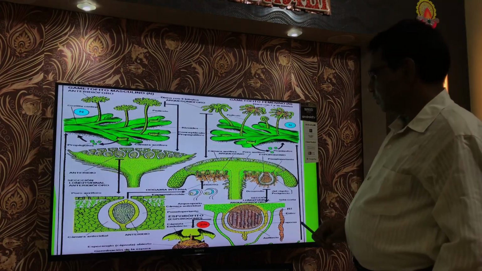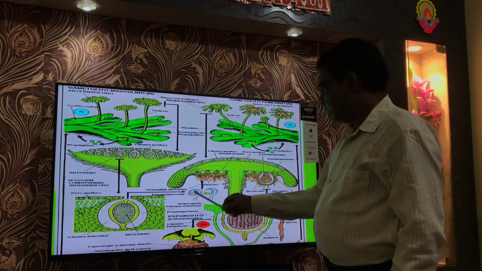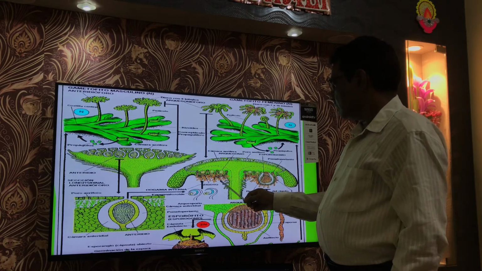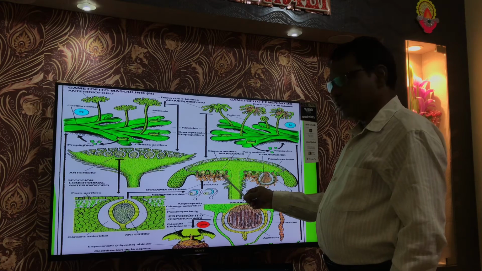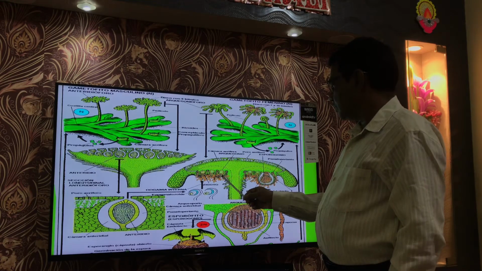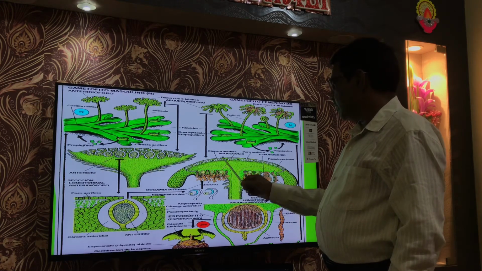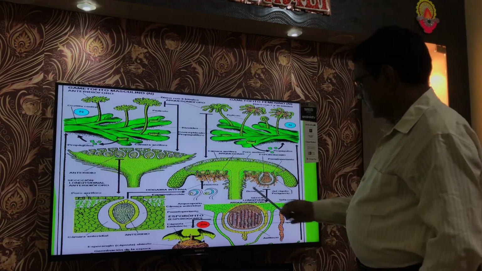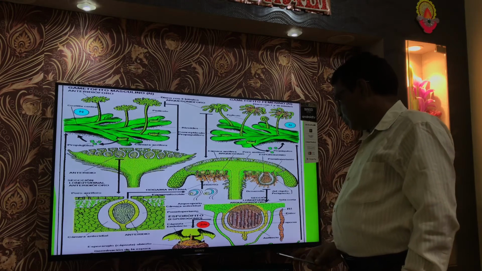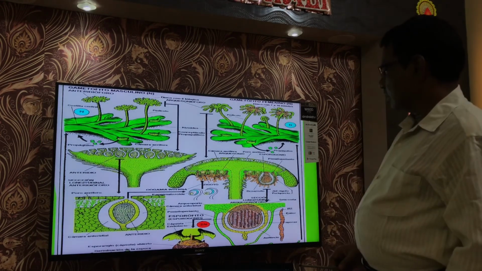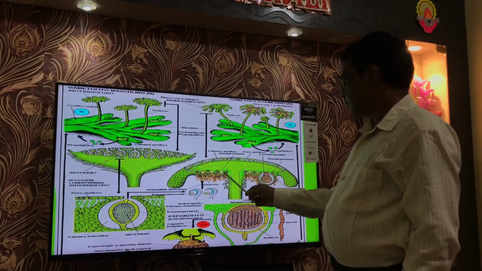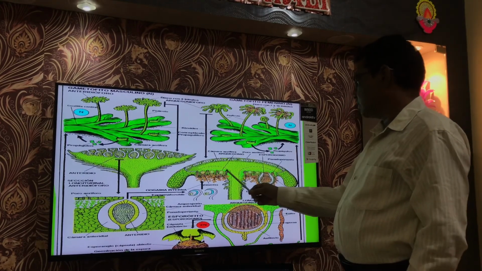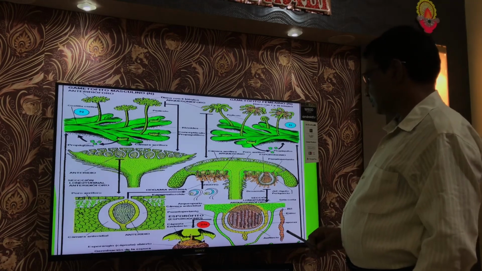archegonia. Now, these antherozoids or sperms are usually attracted towards the tip of the archegonium, and one of the antherozoids enters into the neck of the mature archegonium and ultimately reaches the egg. The fusion of the male nucleus and female nucleus takes place, resulting in the formation of a zygote.